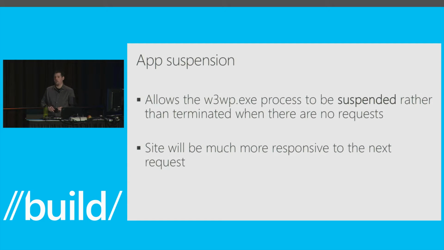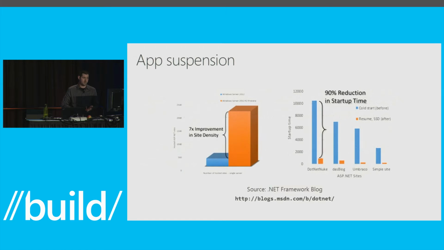Because again, we don't have to go through the whole startup costs. We don't need to go through app start. We don't need to load files off the hard drive. And what the IIS team saw when they tested this for real-world applications is a considerable improvement in startup time and a considerable improvement in working set when they enabled app suspension on machines that were hosting commonly used frameworks like Umbraco and DotNetNuke.